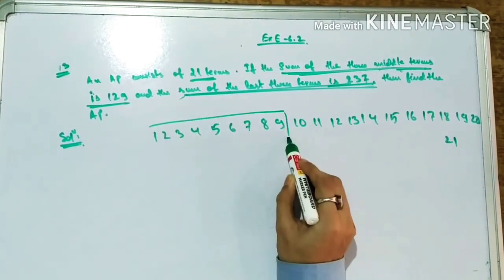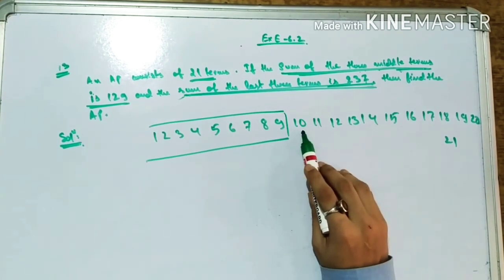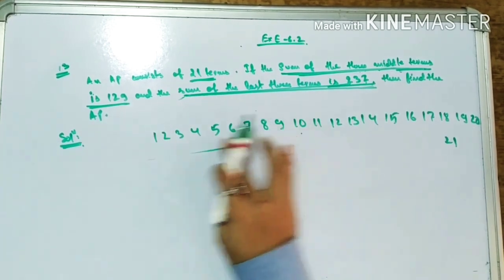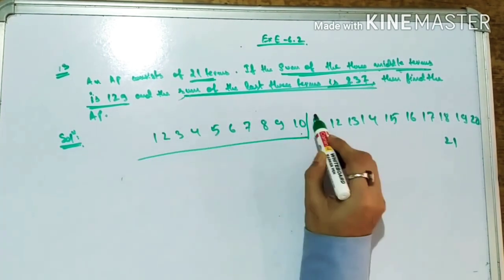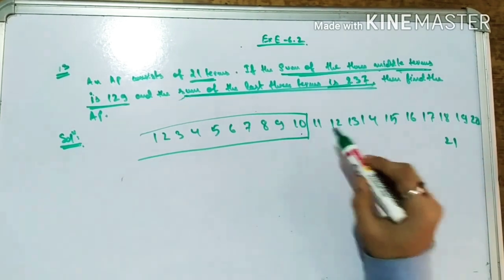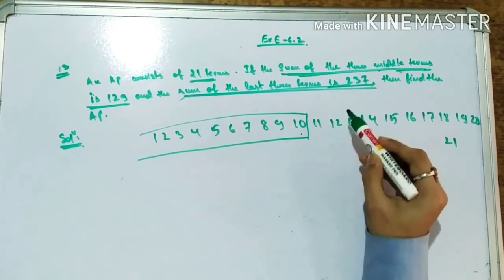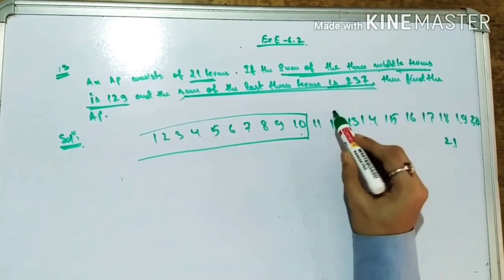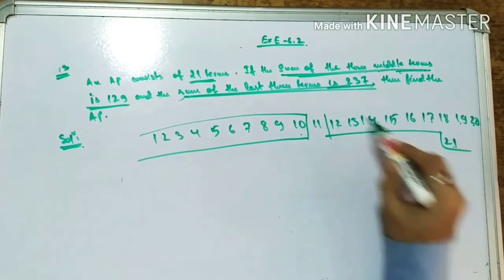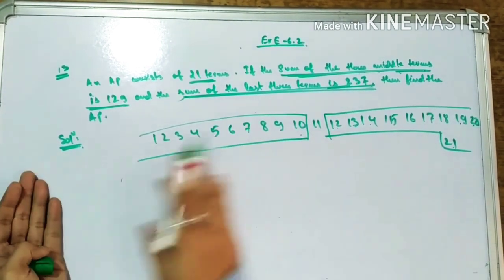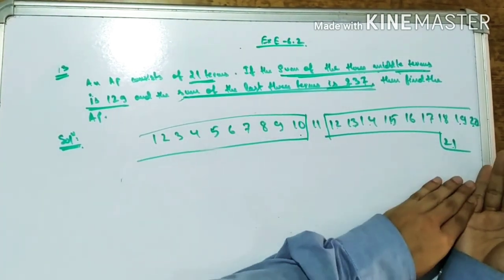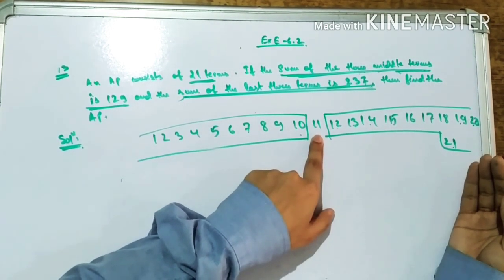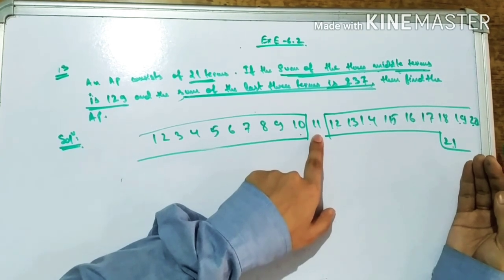Up till here this is 10 and this is 11, and you see 1, 2, 3, 4, 5, 6, 7, 8, 9, 10. And up till here, on the left hand side there are 10 terms, on the right hand side there are 10 terms. Yes, and in the middle, 11 is there.